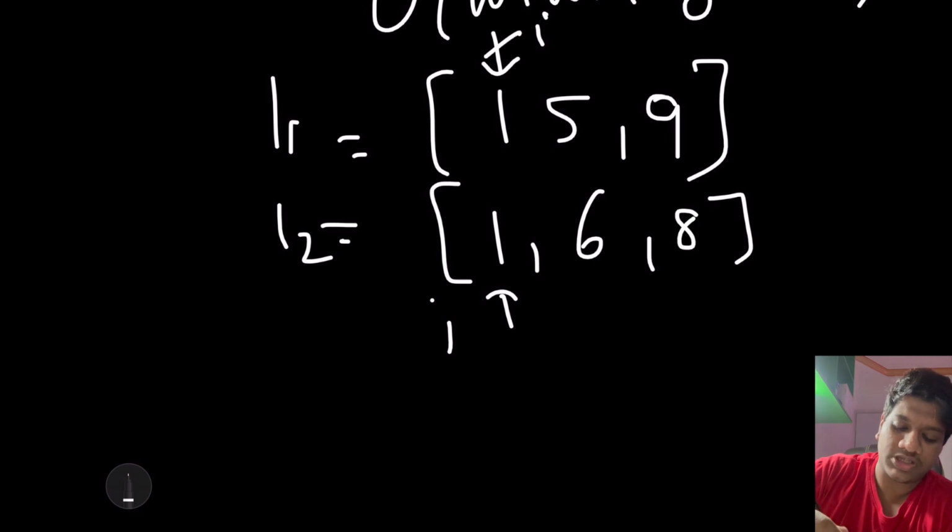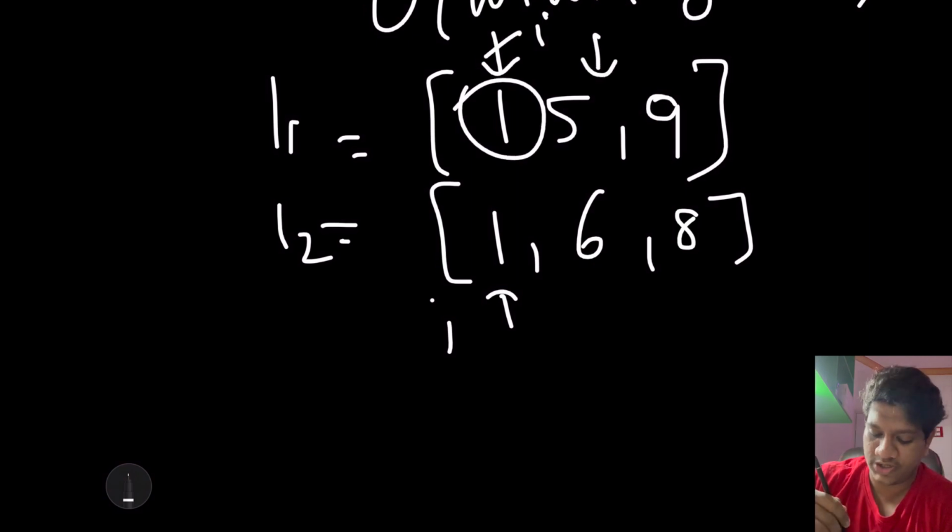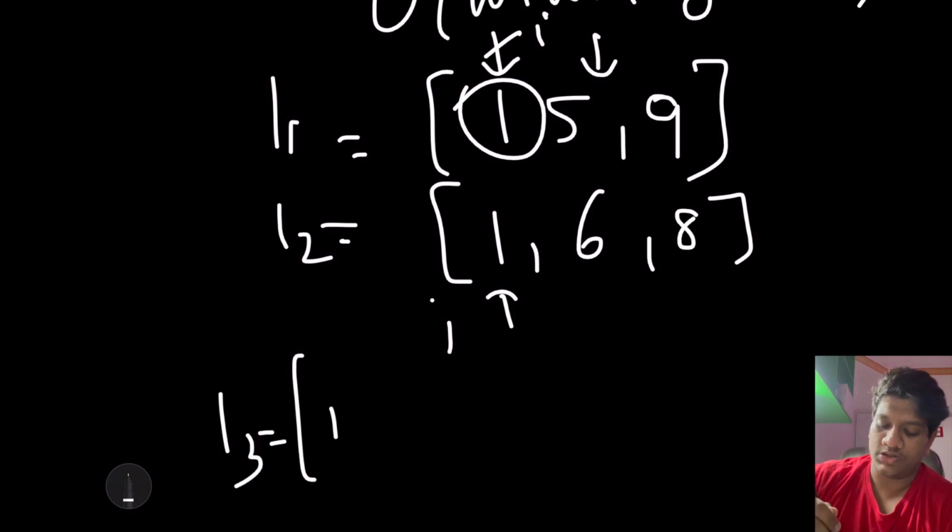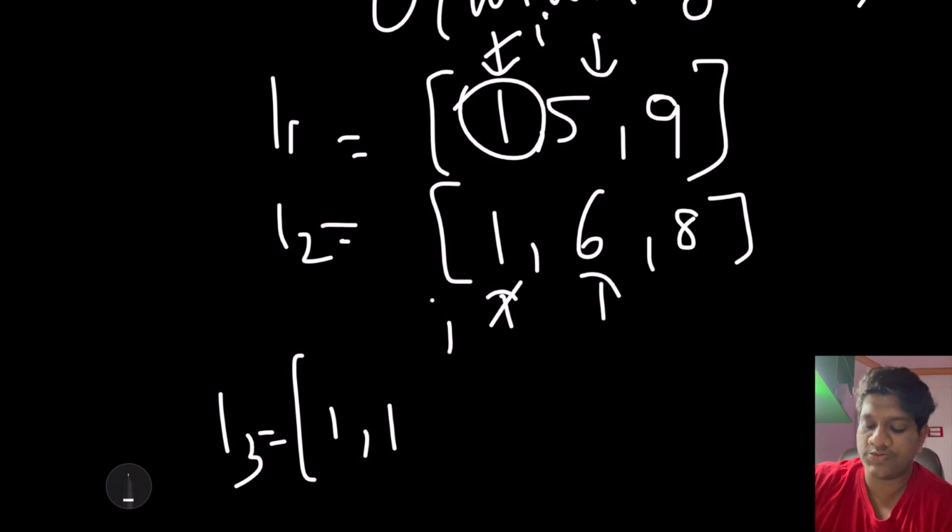I'll move this pointer ahead, and before moving it ahead, I have to put this element in the new array. So I put 1 here and move the pointer forward. Now I'll compare 5 and 1. If you see, 1 is smaller, so again we put 1 and we move this pointer forward.